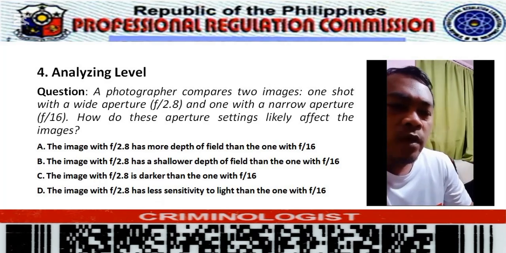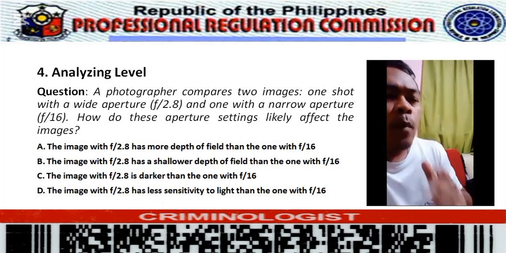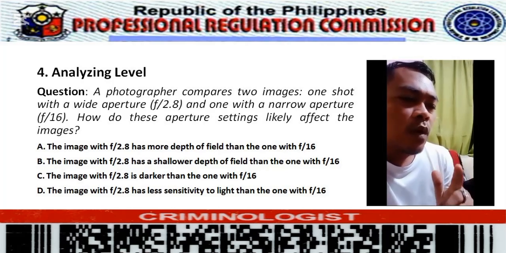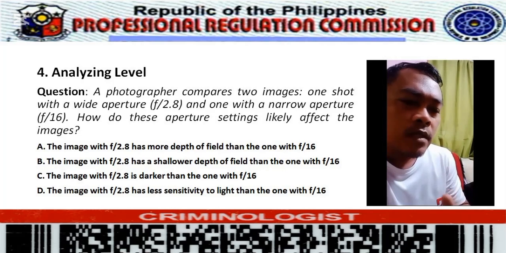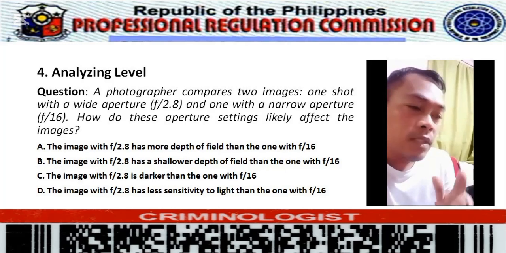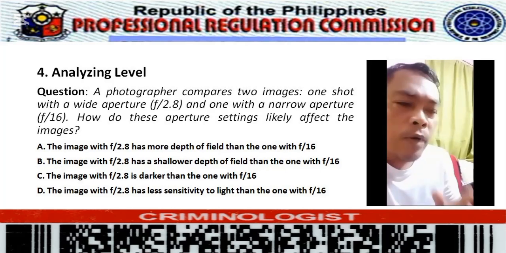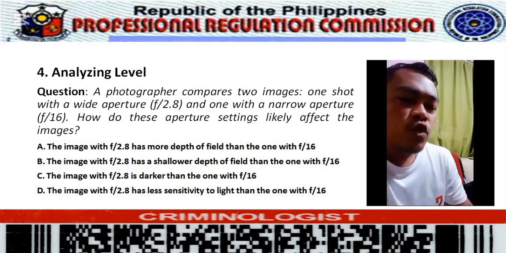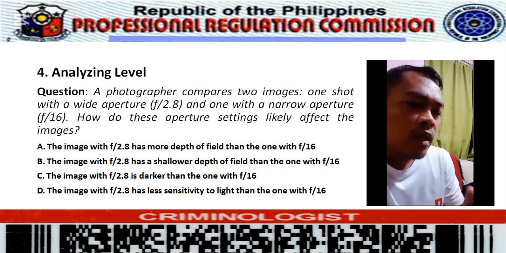For number 4, analyzing level. The question is, a photographer compares two images. One shot with a wide aperture, f-stop number 2.8, and one with a narrower aperture, f-stop number 16. How do these aperture settings likely affect the image? Choices: A. The image with f-stop number 2.8 has more depth of field than the one with f16.